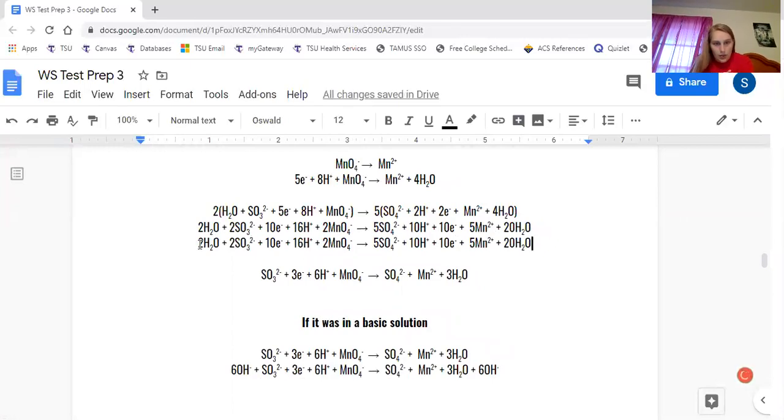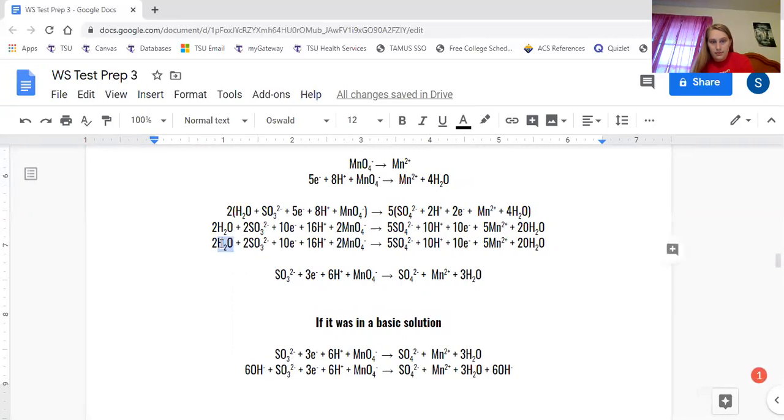Okay, so we have water on both sides. Yeah, so we can get rid of that. So we have 18 waters over here. That's still odd waters.